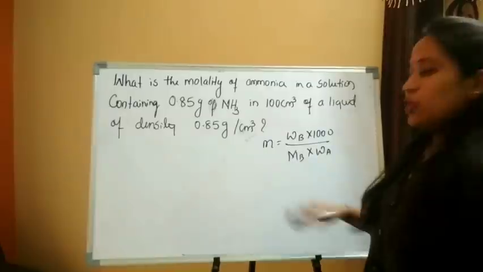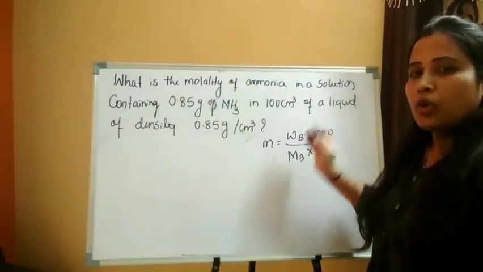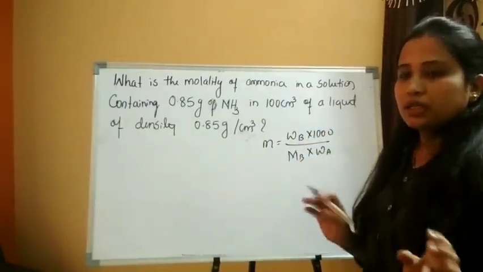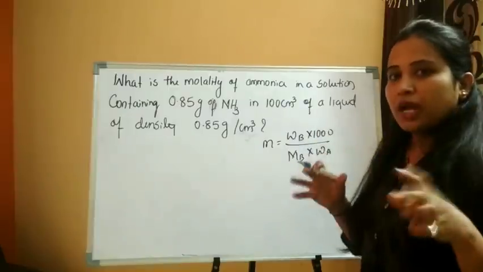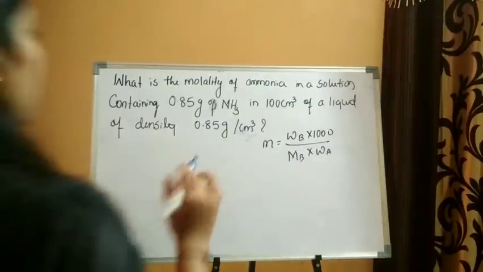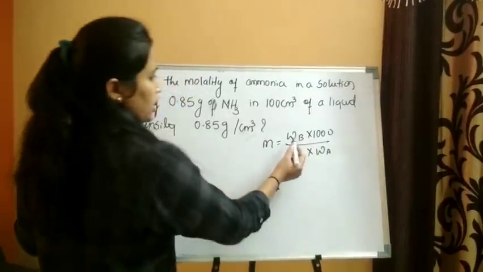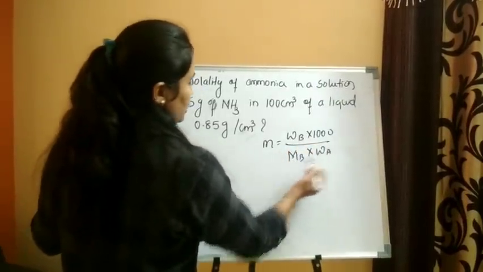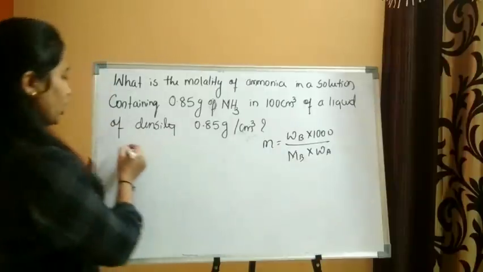If you go on writing the formula every time, it will remain in your mind for longer. So molality is equal to WB into 1000 divided by MB into WA. Let us write the given points.